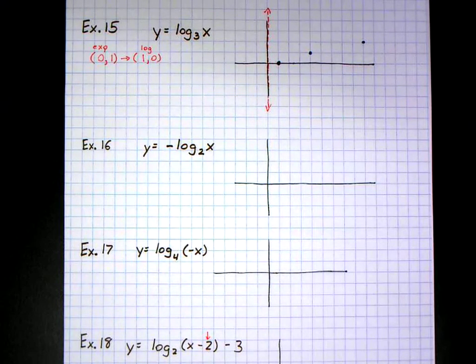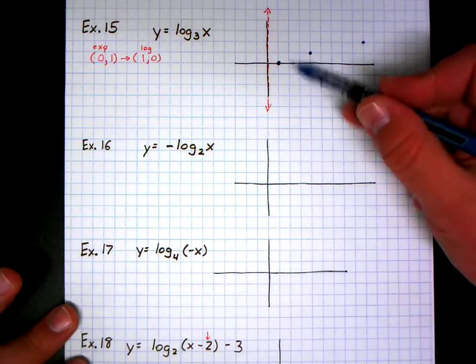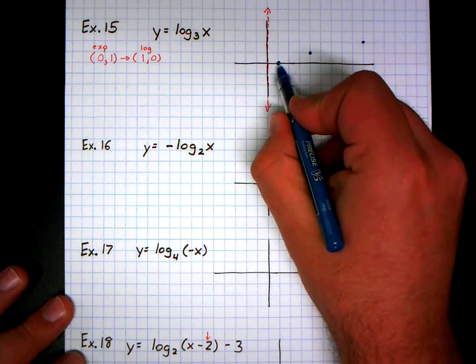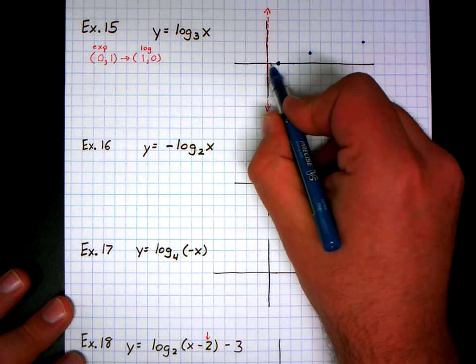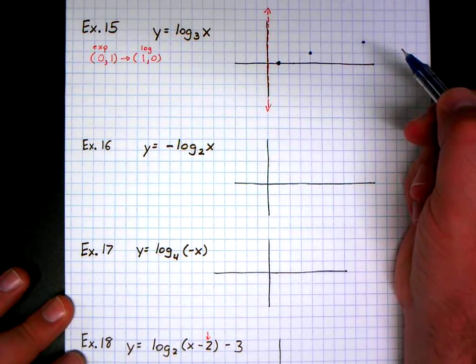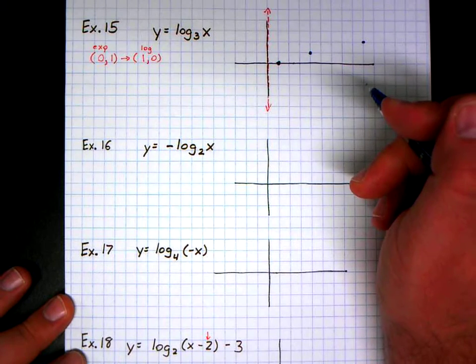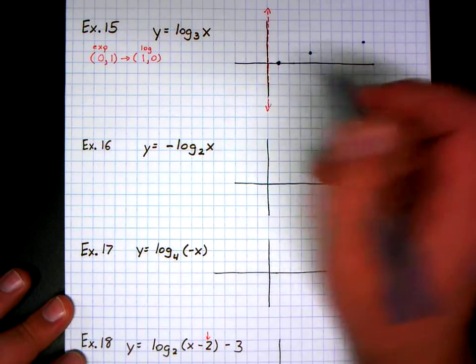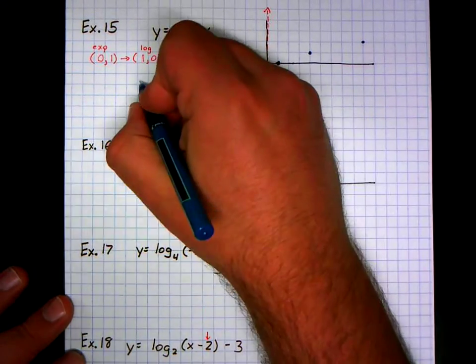Okay, but going backwards, I don't have anything below here. Well, my graph actually does go below here. So what number could I plug in between here? 1/3. If I plug in 1/3, what do I get for an answer? -1.